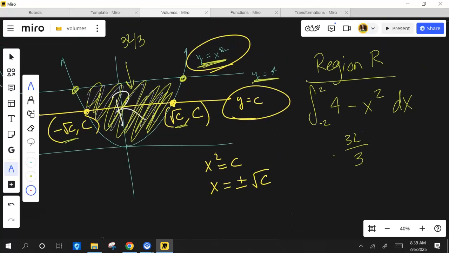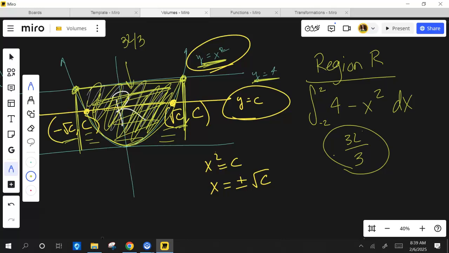Okay, so 32 over 3, if I do top curve, which is all of this, minus the bottom curve, which is this little bit here, and I take that out, I'm left with this R in the middle. That's my entire R. My entire R is 32 over 3. But what it tells me is that the C line I drew cuts that in half.